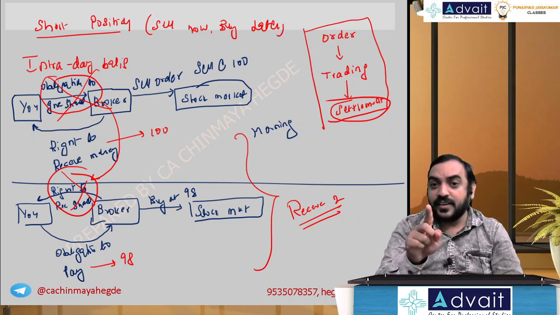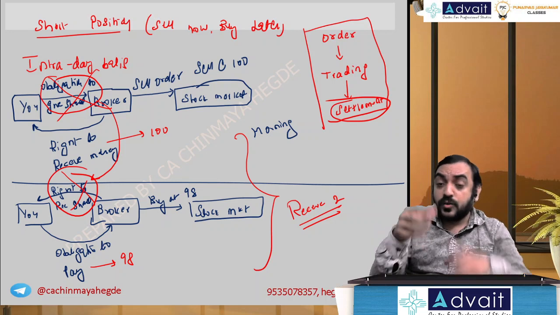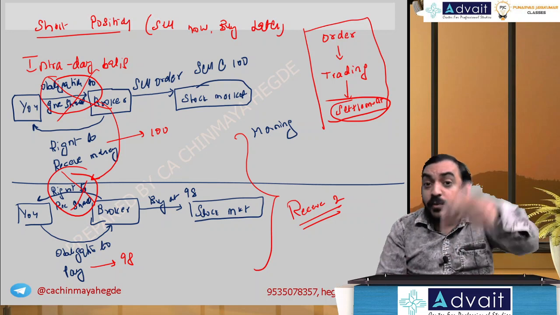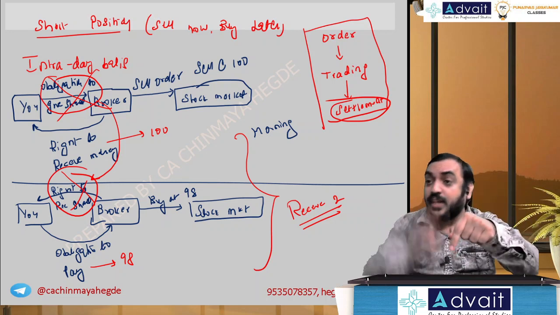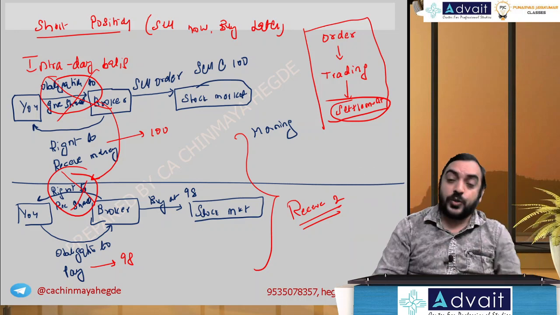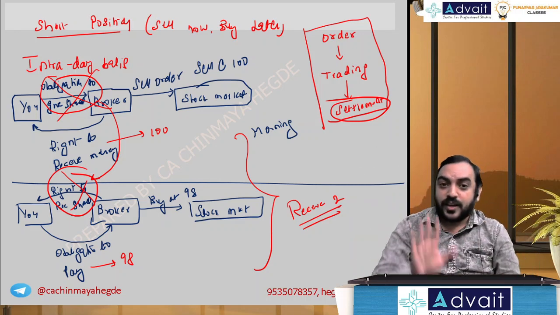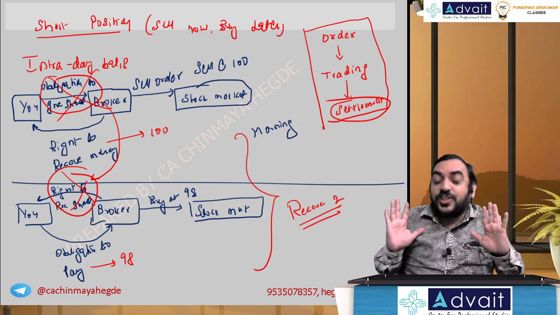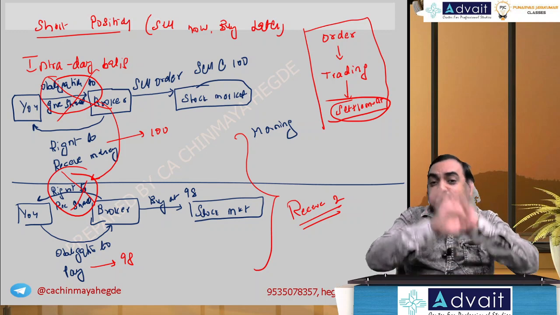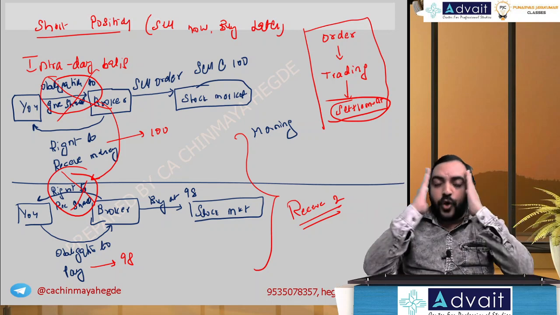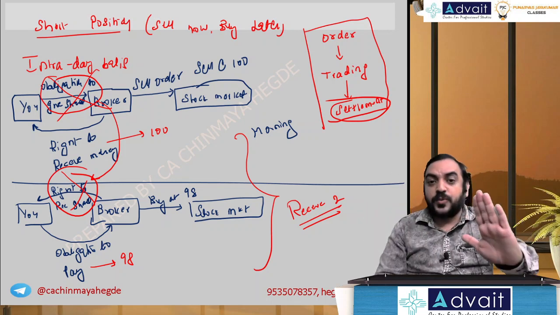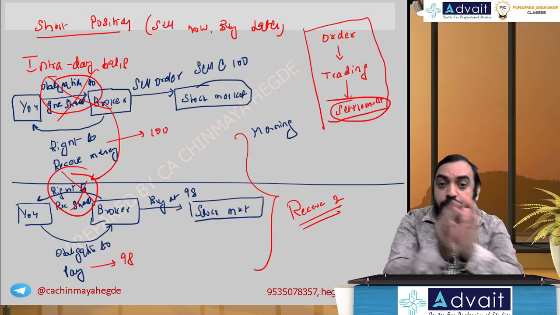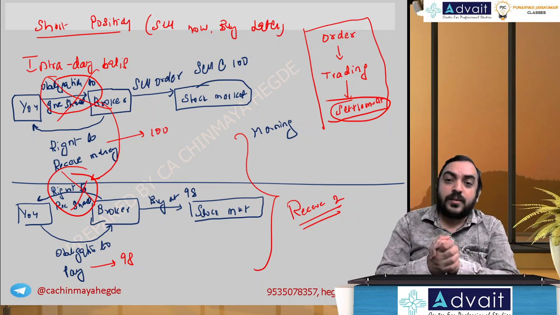Are you understanding? He may not have the rice immediately with him. He will arrange somewhere and then give it to you. I hope you are getting the point. When you sell, you need not have it with you. Anyway, so keeping it all aside, what you should think, in short position, I sell first, I buy later.